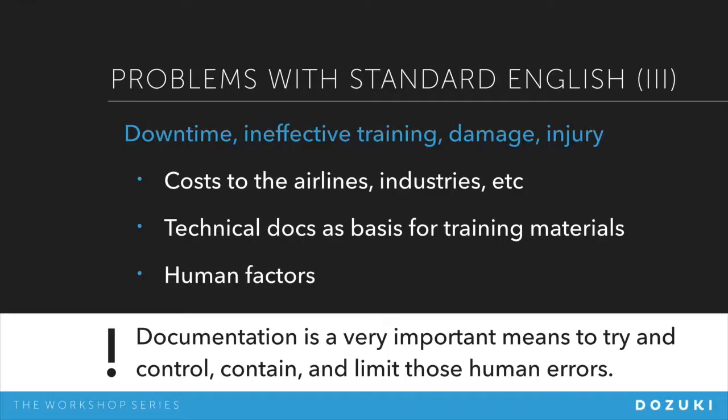And just still on this slide, we also know that many products require training for engineers or service staff, for users, for operators, and of course, technical documentation normally forms the basis for training materials. Again, if your training materials or technical documentation have complex language, it is going to make it more difficult to get the message across.